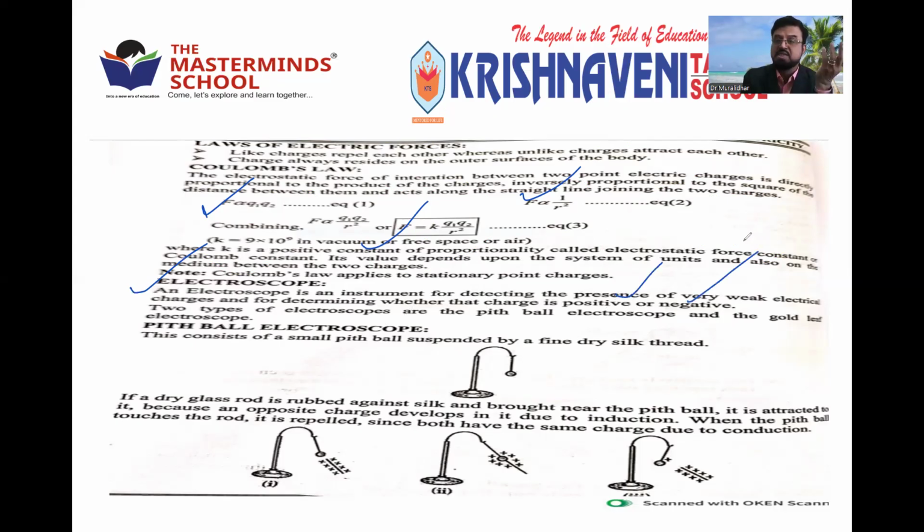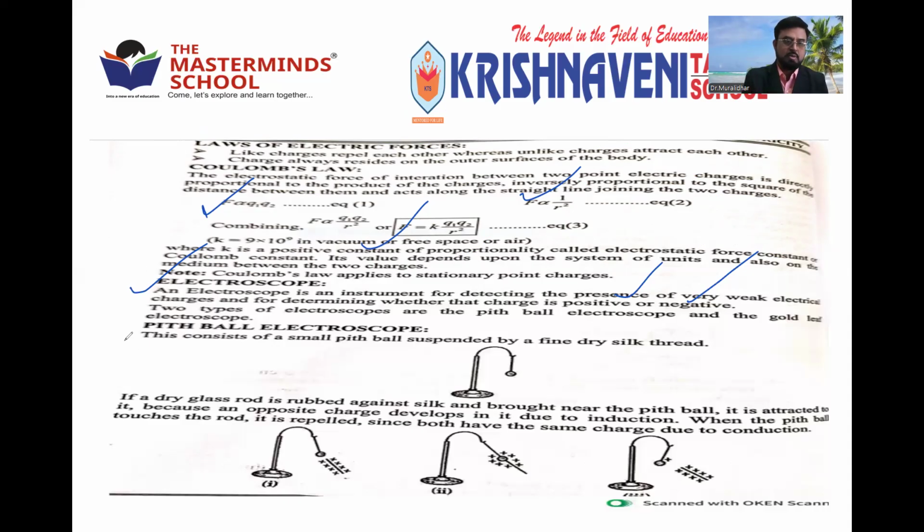We cannot go for the high charges; for high charges, there are other devices. Small charges can be detected by this electroscope. Whether a charge is present or not, and if present, whether it is positive or negative. To know that, we can use the electroscope. Electroscope is a device used to check the presence and kind of charge. If there is no charge, it is neutral, no problem. If charge is there, an attraction or repulsion can be seen.